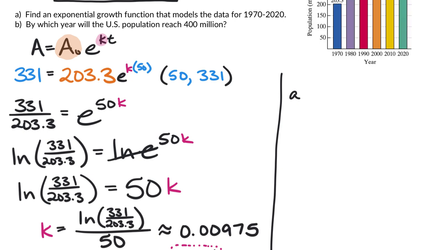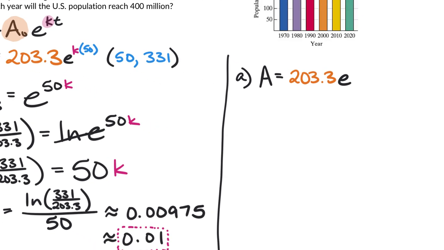So if I'm answering letter A, which asked me to write the exponential growth function for this problem, how we would write that is we would say A is going to be equal to that initial value of 203.3 multiplied by e raised to the power we just found, which is 0.01 times t. We only really need to plug in the initial value and k. The only problem with this particular problem is that we didn't have k to begin with, so we had to solve for k first.